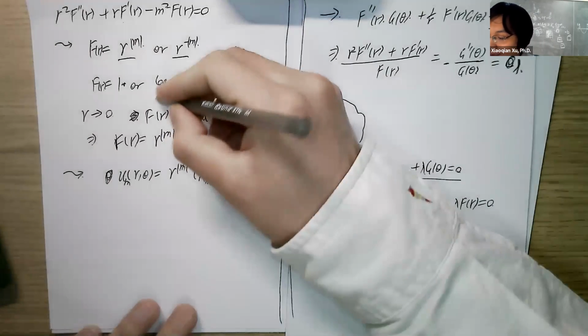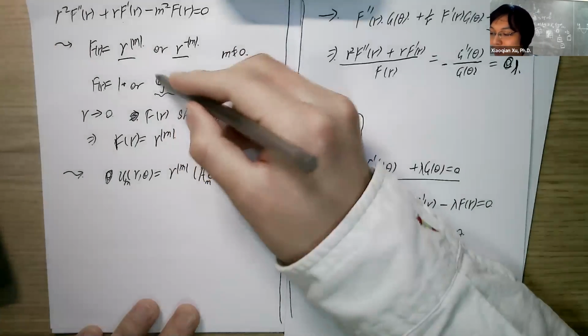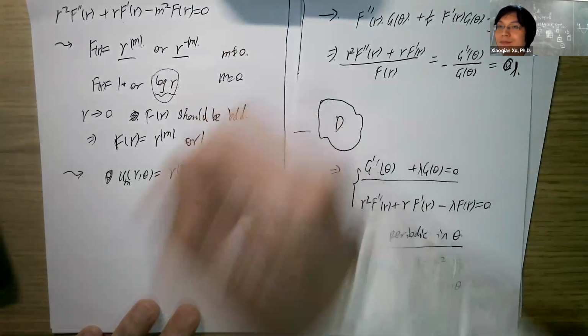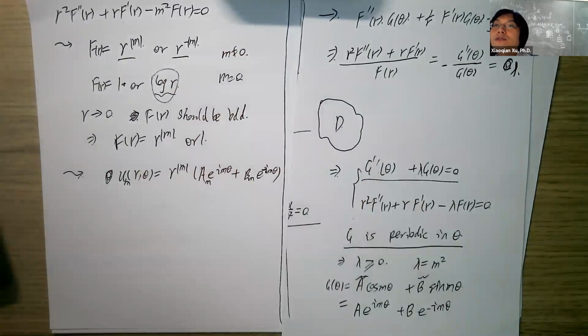And again, if m equals 0, then this one you should also discard, because it blows up, equaling infinity at r equals 0.